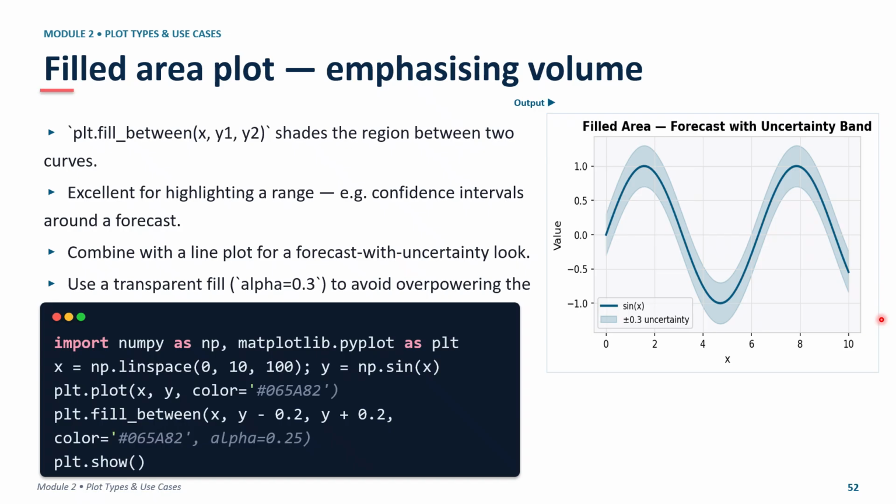The lower boundary is the sine wave minus 0.2, and the upper boundary is the sine wave plus 0.2. The blue one is the sine wave. You can give the color code, and the alpha here is 0.25, which is 25% opacity. And you can see the plot. It is a sine curve with a lower boundary and an upper boundary.